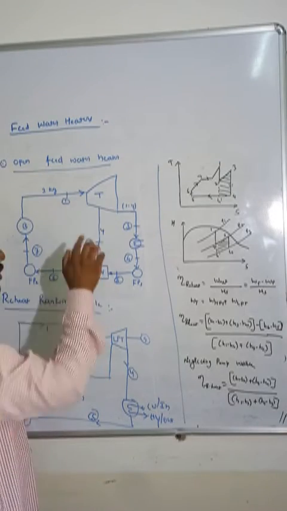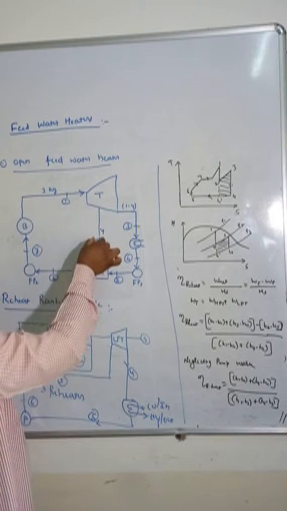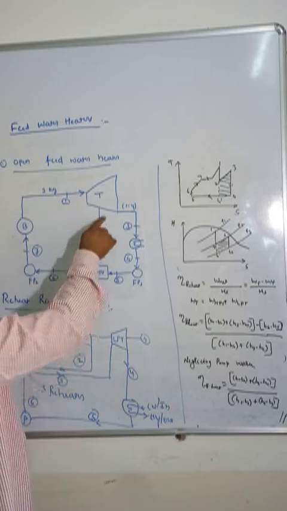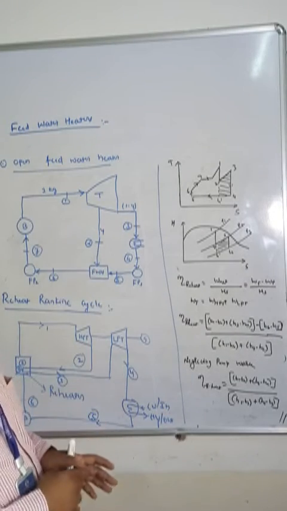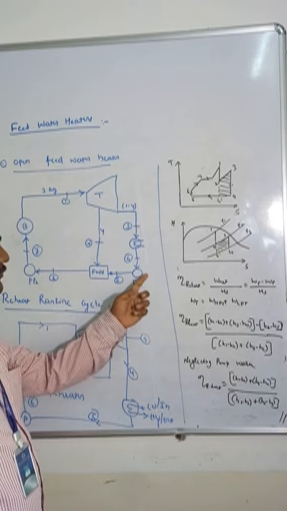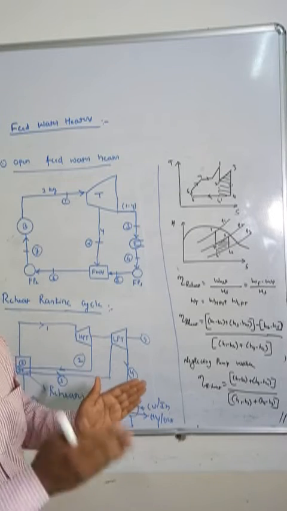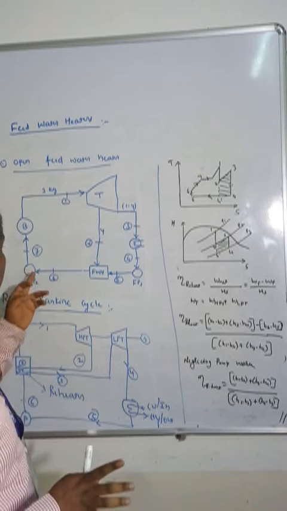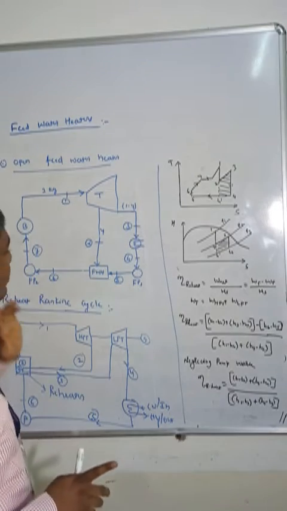How will we increase it? We will not burn any fuel, we will take the energy from this y amount of steam from the turbine, and this feed water heater will act as a heat exchanger. This fluid is at higher temperature, and the fluid coming from the pump is at lower temperature, so heat exchange takes place in between, and the pump will pump the feed water to the boiler.